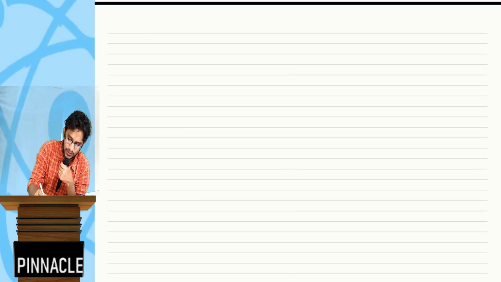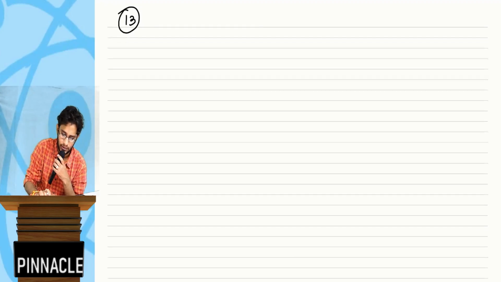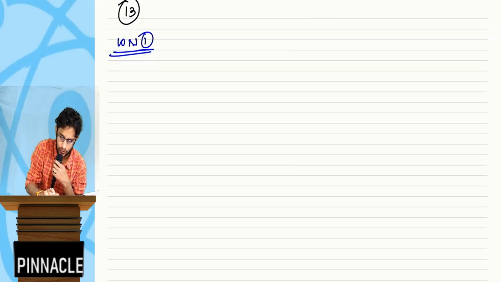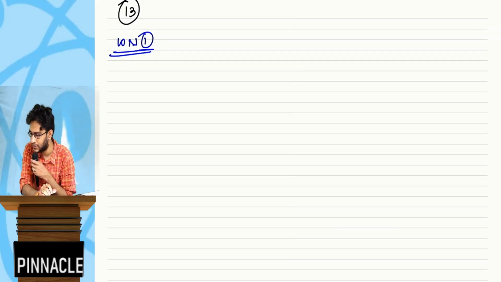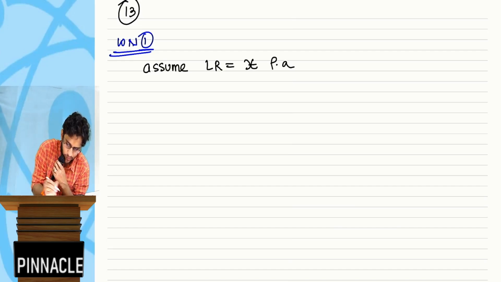Earlier we did the same sum, literally same sum. Numbers are different. Working note number 1. He's asking you lease rent. Assume lease rent is equal to X per annum.